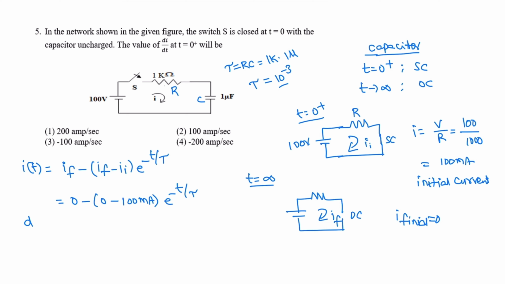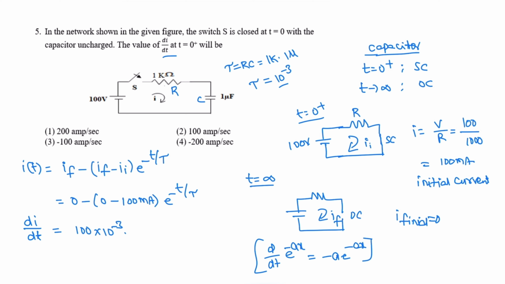Then di by dt. In the question they ask to find the value of di by dt at t equals 0 plus. So di by dt is 100 into 10 power minus 3 times d by dt of the exponential. In differentiation, d by dt of e power minus ax is minus a e power minus ax.